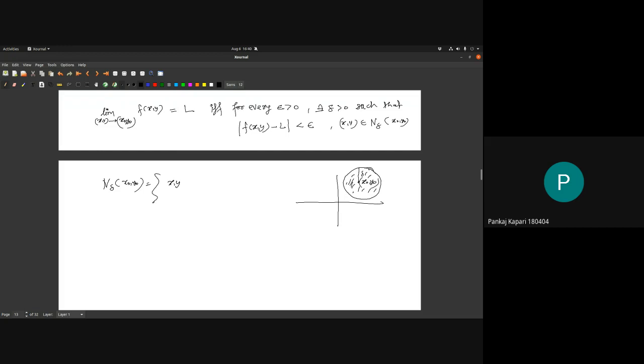How do we describe this delta neighborhood of point (x naught, y naught)? All the set of points from R2 such that the distance of these points from (x naught, y naught), what is the distance between these two points? The distance is given as the square root of (y minus y naught) whole square plus (x minus x naught) whole square. So we want that this distance is less than delta.